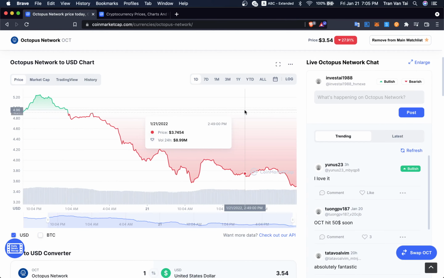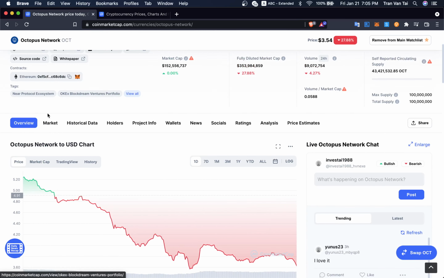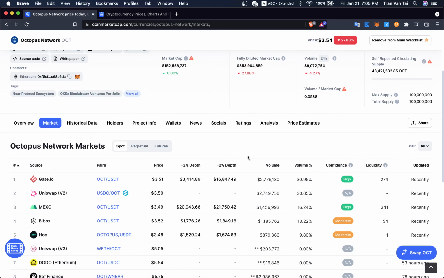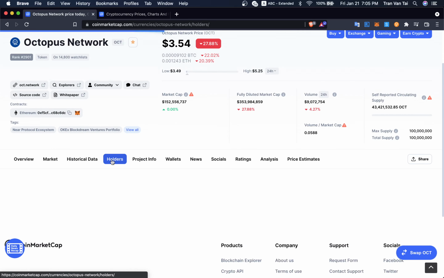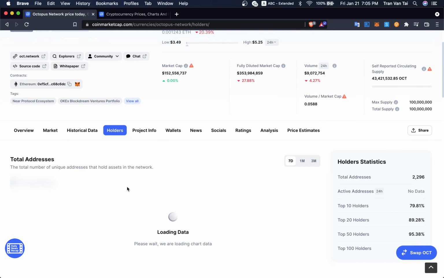You can view the markets selling the token: Gate.io, MaxiLabo, Bybox, Ref Finance, which is the decentralized exchange on the NEAR blockchain. Check how many holders currently.